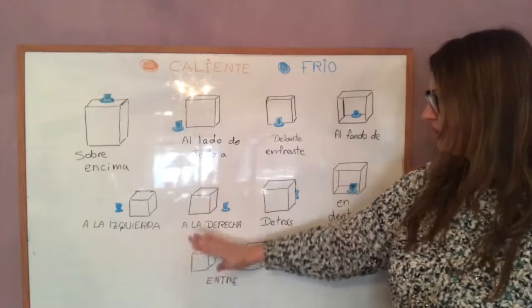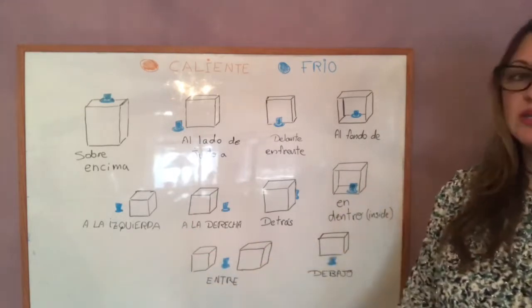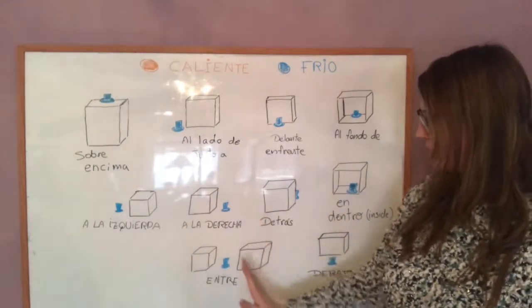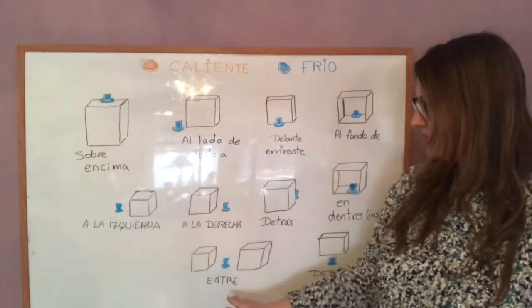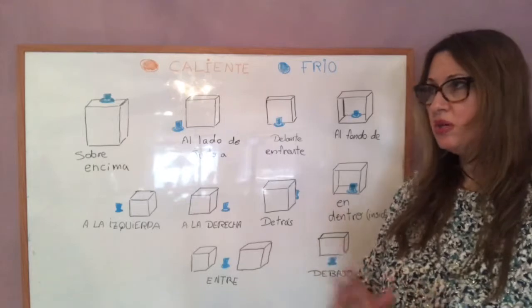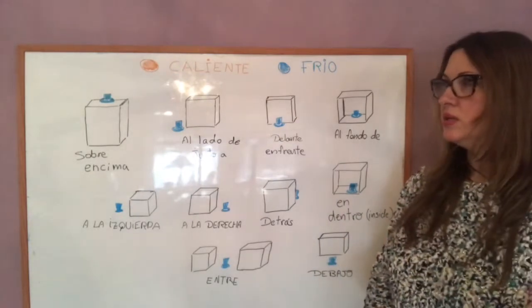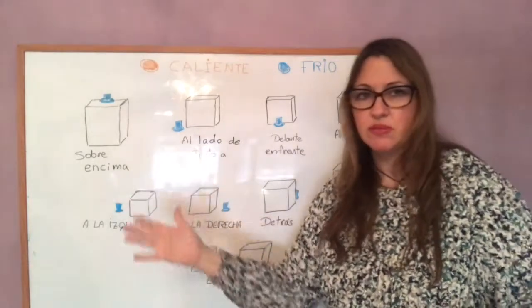Next image, the farthest one below, entre. Entre means in between. I've drawn two cubes and the heart in the middle. So that means in between. Entre. Let's meet up in between, I don't know, Starbucks and Debenhams.